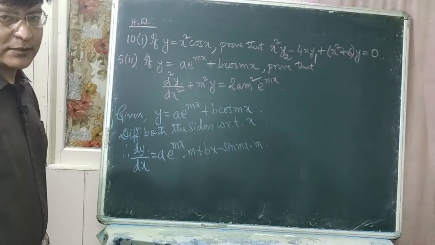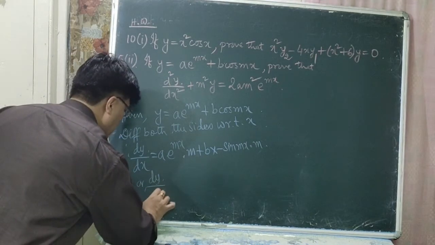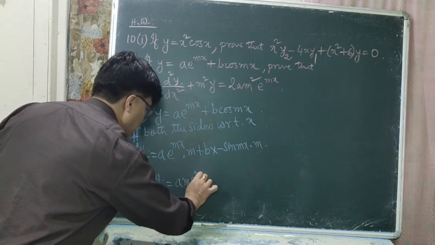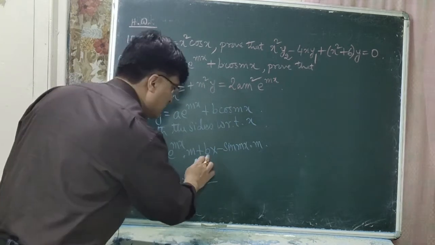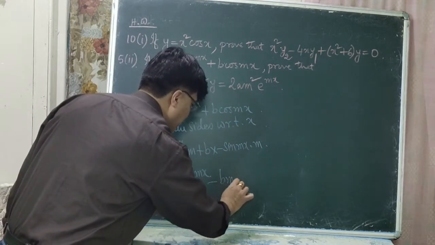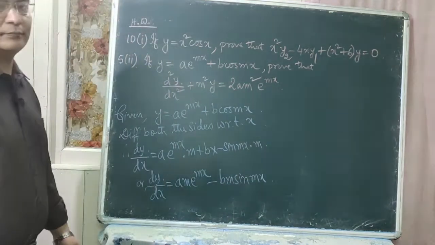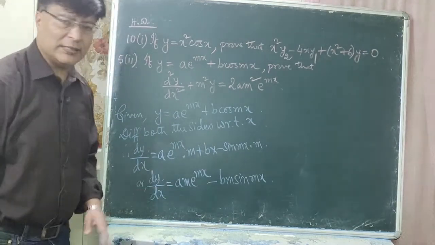So dy by dx is equal to am e to the power mx minus bm sin mx. Is that understood? Now this is your dy by dx.